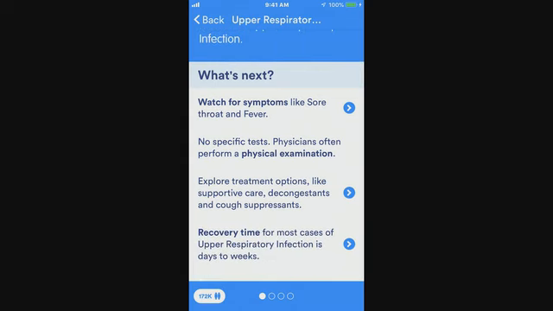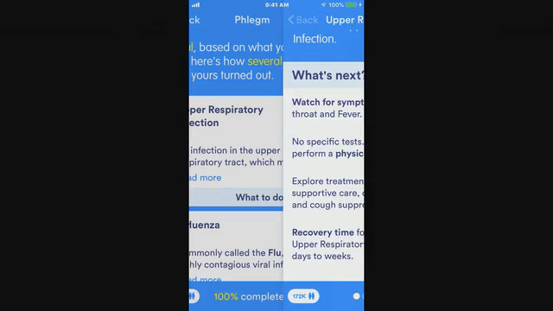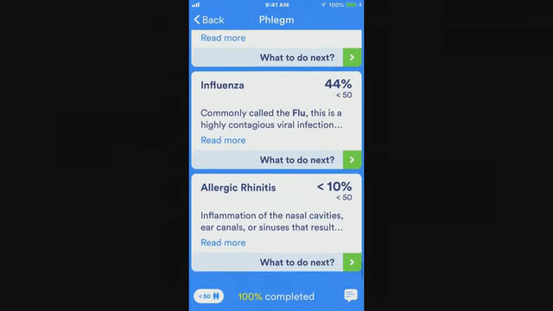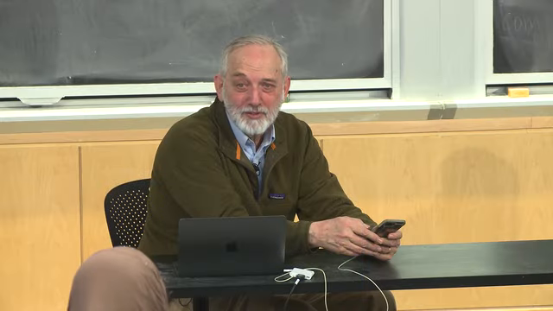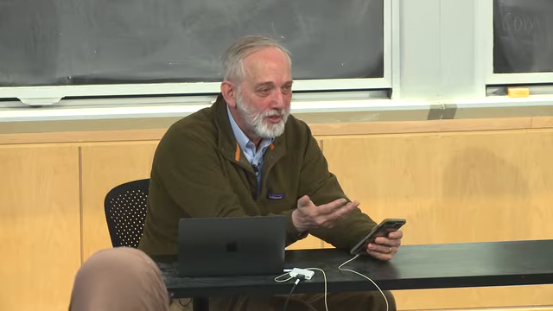Physicians often perform a physical exam, explore other treatment options, and recovery for most cases like this is a matter of days to weeks. Okay, and I can go back and say, all right, I might have the flu or I might have allergic rhinitis. Right? So that's actually reasonable.